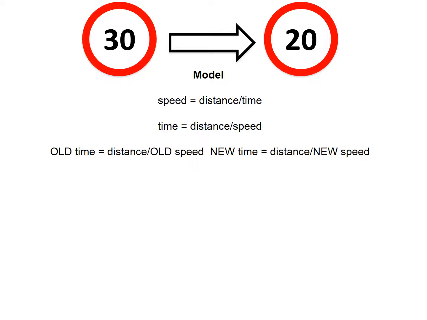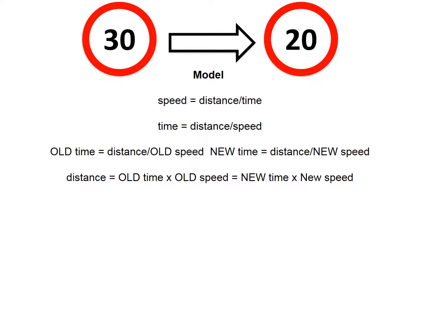So the old time was the distance from his house to, let's say, Drummond Street, because that's where he works, divided by the old speed. And the new time, the distance is not going to change, so his house isn't moving, neither is Drummond Street, divided by the new speed.